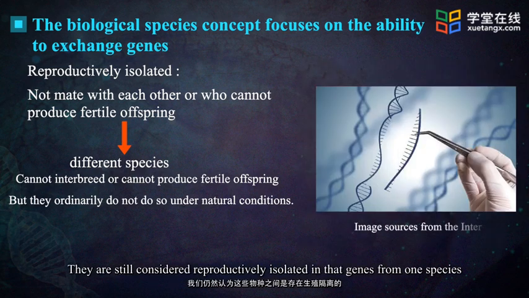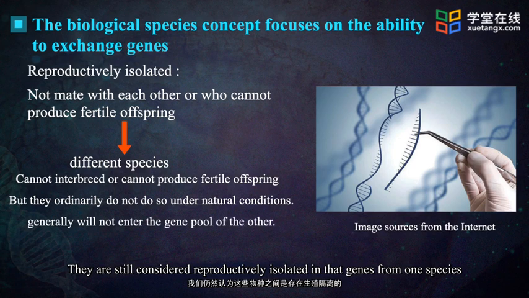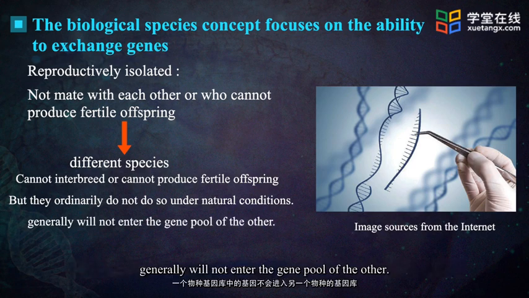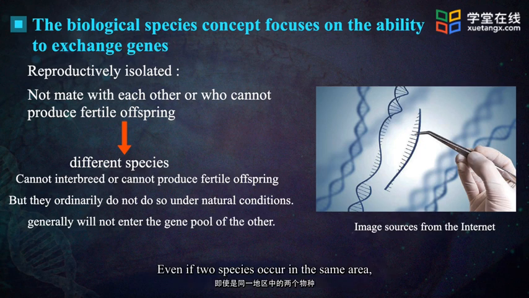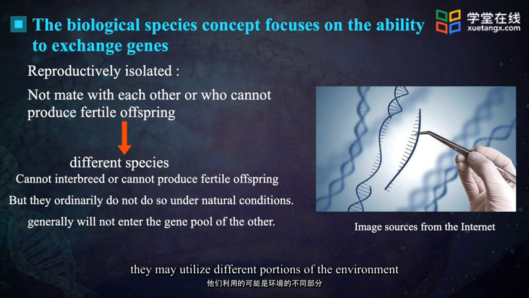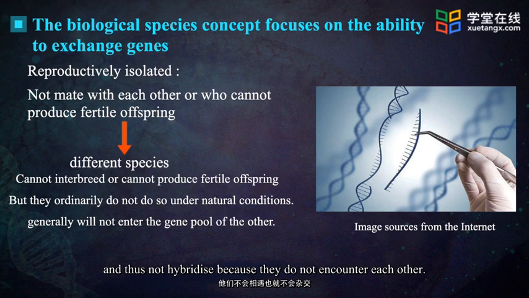They are still considered reproductively isolated in that genes from one species generally will not enter the gene pool of the other. Even if two species occur in the same area, they may utilize different proportions of the environment and thus not hybridize, because they do not encounter each other.